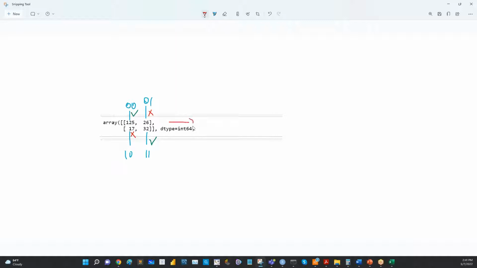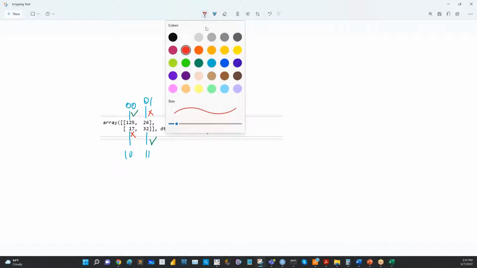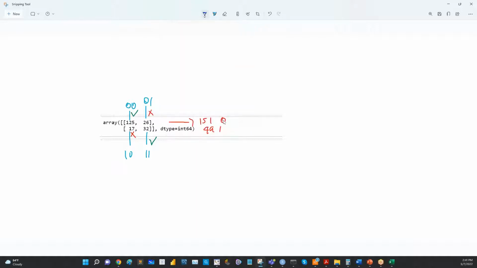So this is 151 zeros, and we got 49 ones. Out of the 151 zeros, the model made 26 errors. Out of the 49, the model made 17 errors.